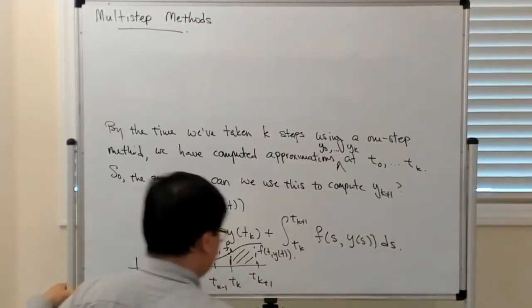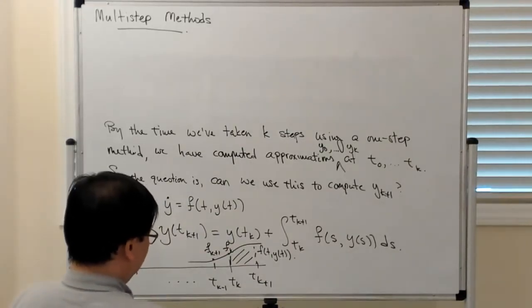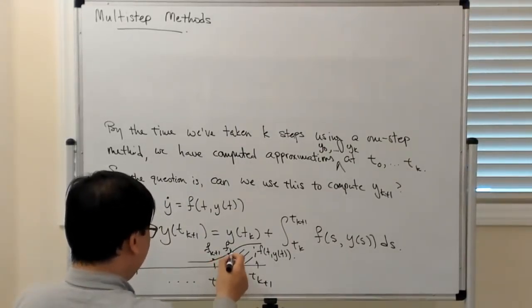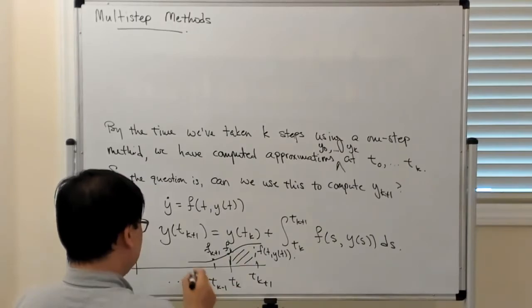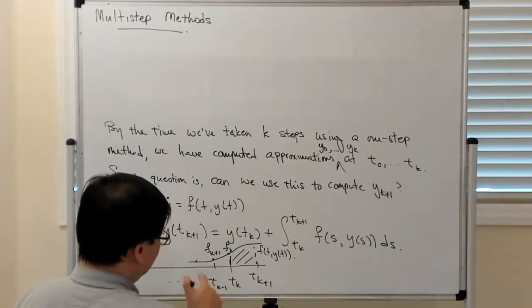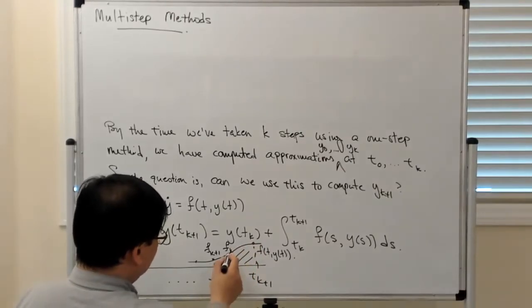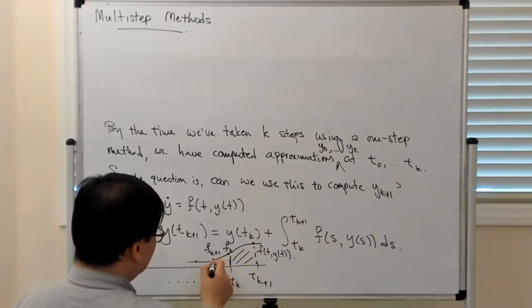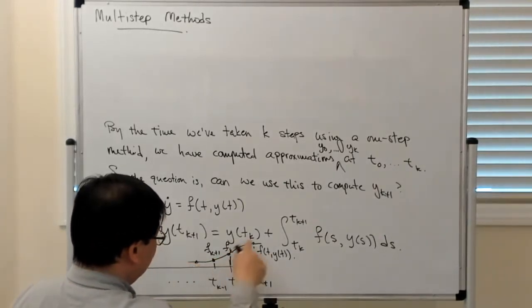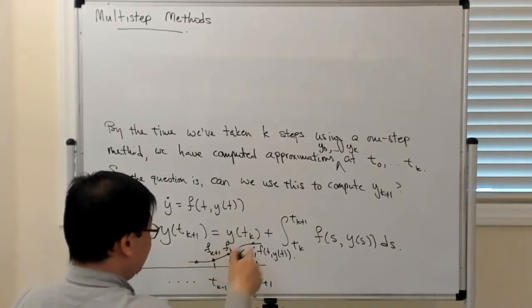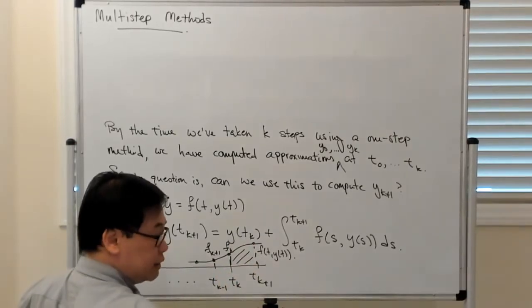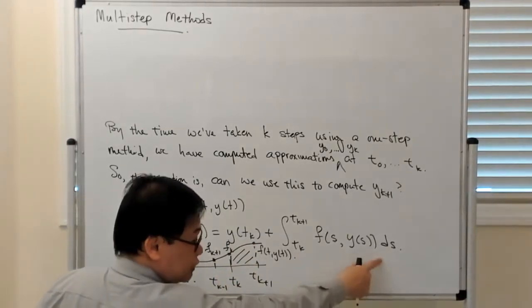That's the expression here. And we know the f's at the previous times. So what you might expect to do is to fit a polynomial to the data which you already have from the previous times. That gives you a polynomial which you can then integrate over the interval tk to tk plus 1 to give you an approximation of this integral.